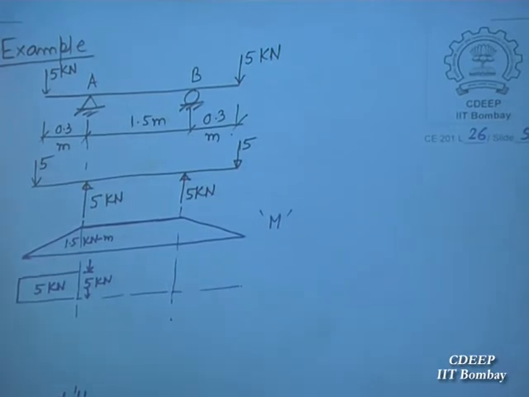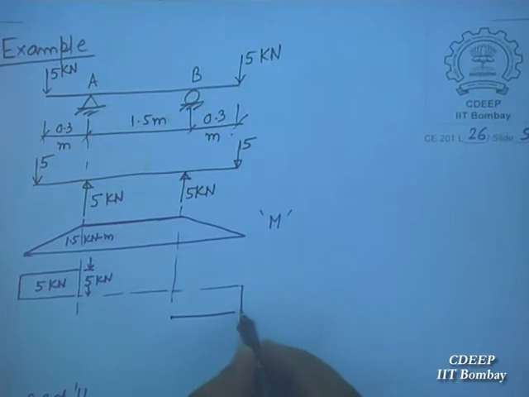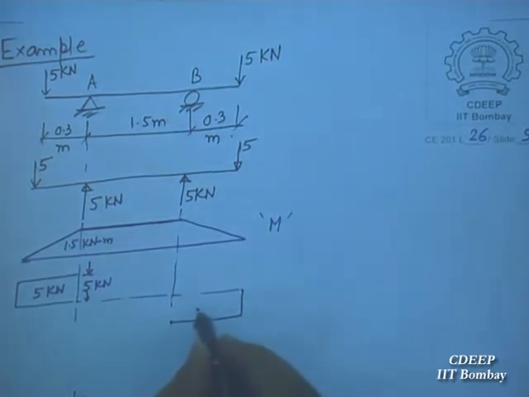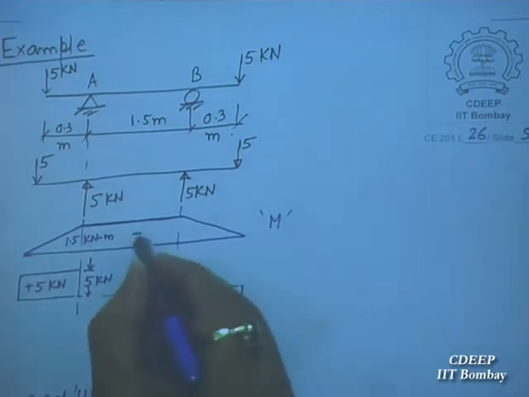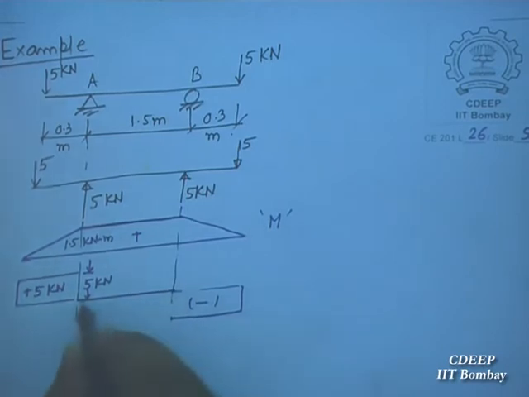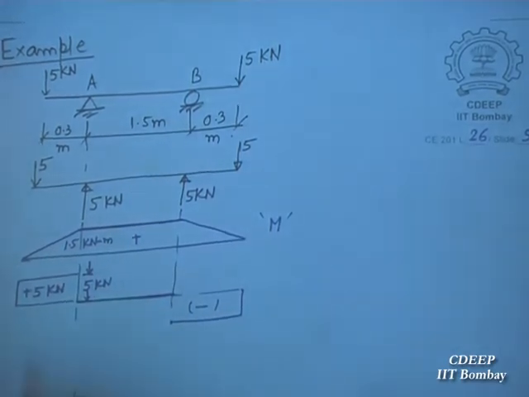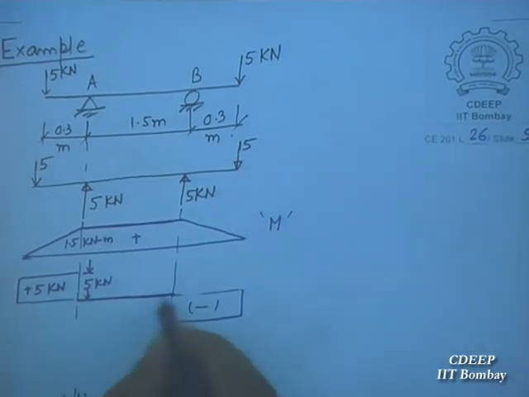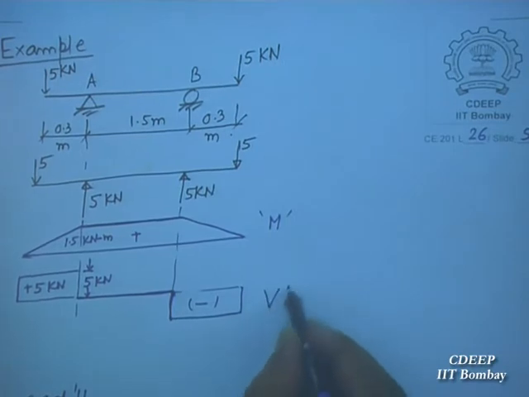Got it? Then here it will be negative. So this will be negative, this is positive, and here it is 0. Shear force in the center is 0.